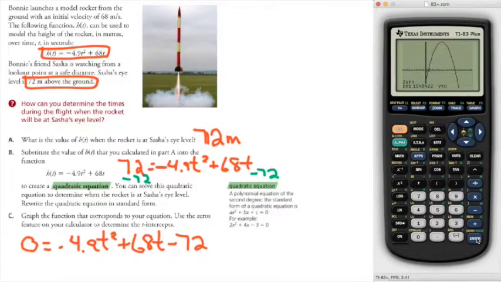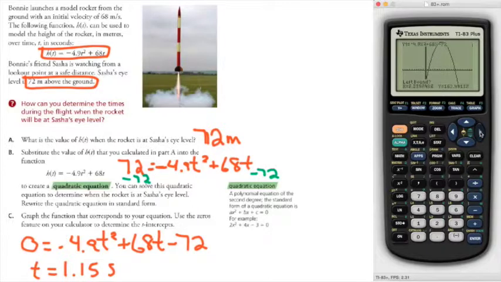So we have t equals 1.15. Since it's time, that would be 1.15 seconds. And now we just repeat the process for the other one. So second trace, option 2. Now my left bound shouldn't be there.